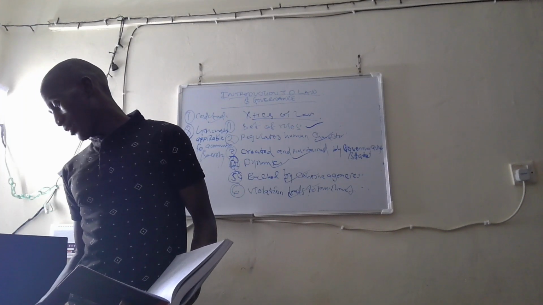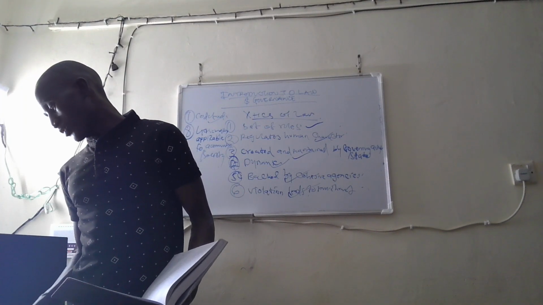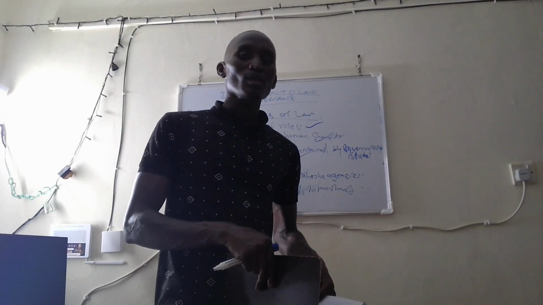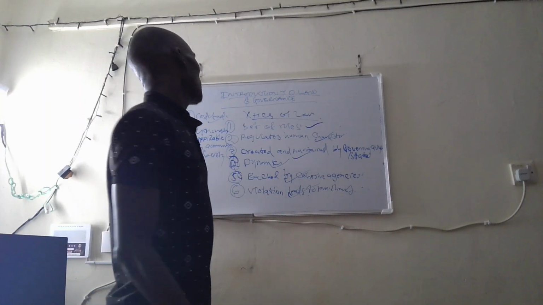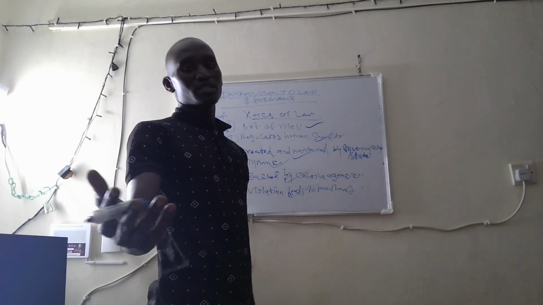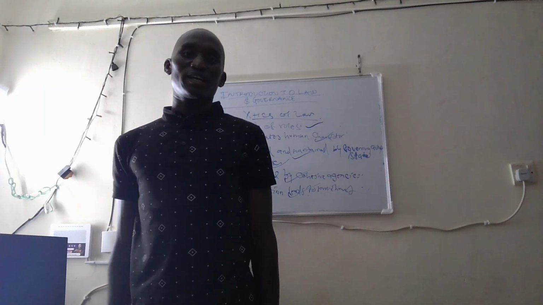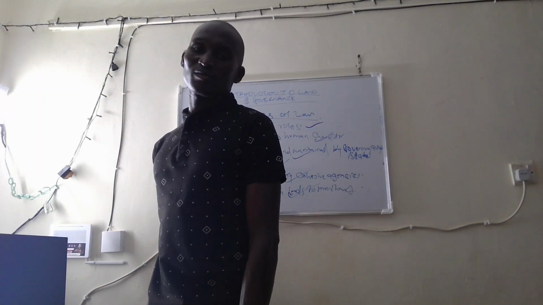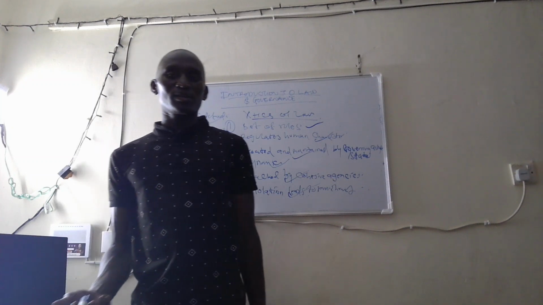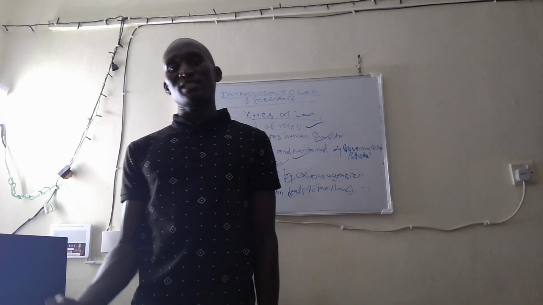So number one characteristic of law is that law is a set of rules. Number two, it regulates human character. Number three, law is codified, it's given in written form. Number four, it is backed by coercive agencies.